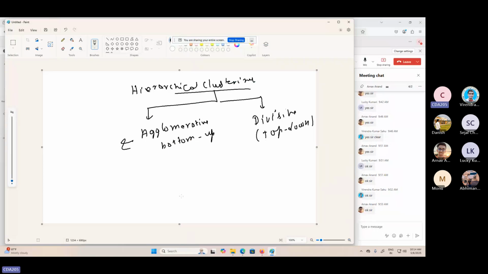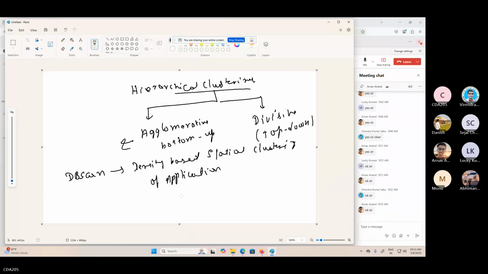Okay, another one is DBSCAN, that is density based spatial clustering of applications with noise.